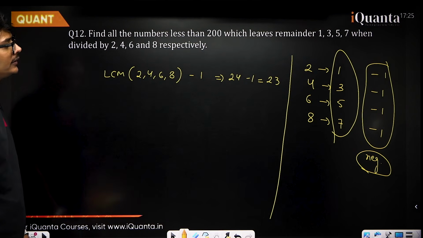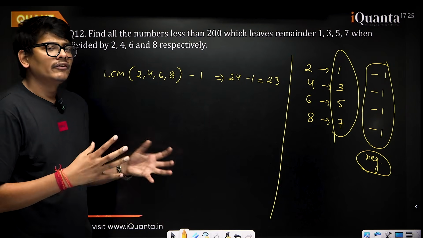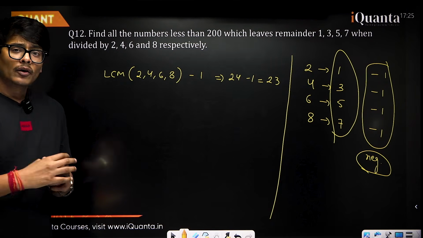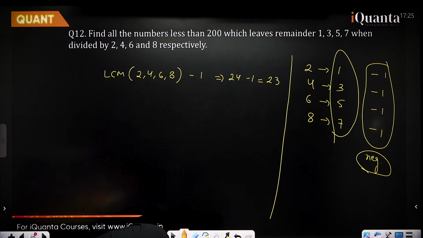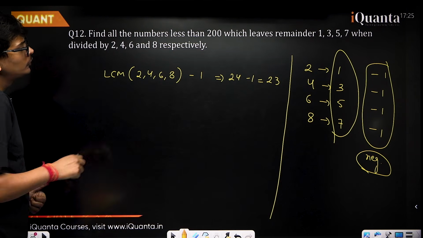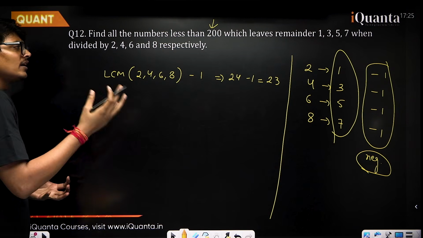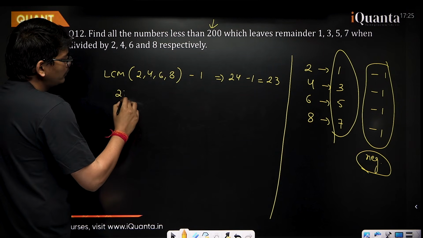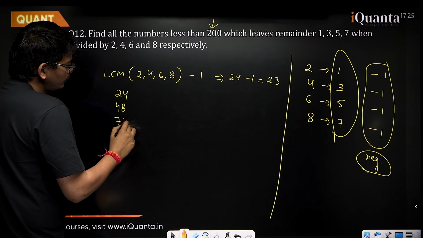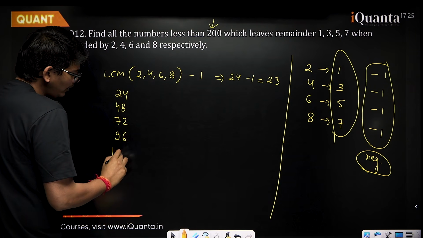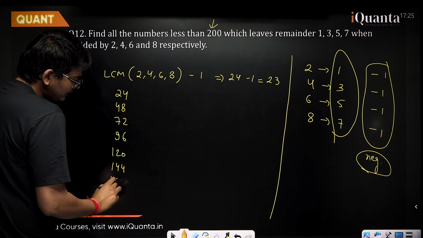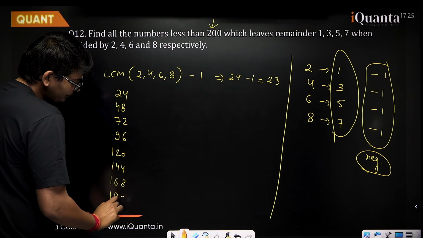But the question setter is asking for all the values which are less than 200. Now what do we have to do? Simply, just a second guys. So we have to see all the multiples of 24 which are less than 200. So 24, 48, 72, 96, 120, 144, 168, 192.